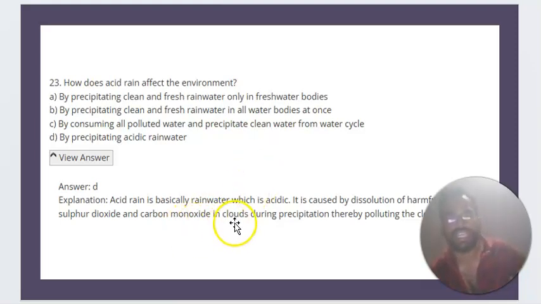Acid rains are basically rainwater which is acidic. It is caused by the dissolution of harmful gases like sulfur dioxide and carbon monoxide in clouds during precipitation, thereby polluting the clean rainwater. So that is the main effect on our environment.